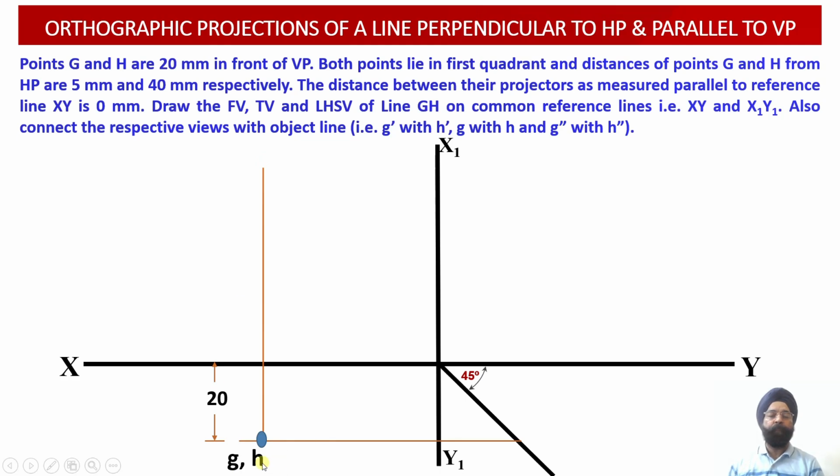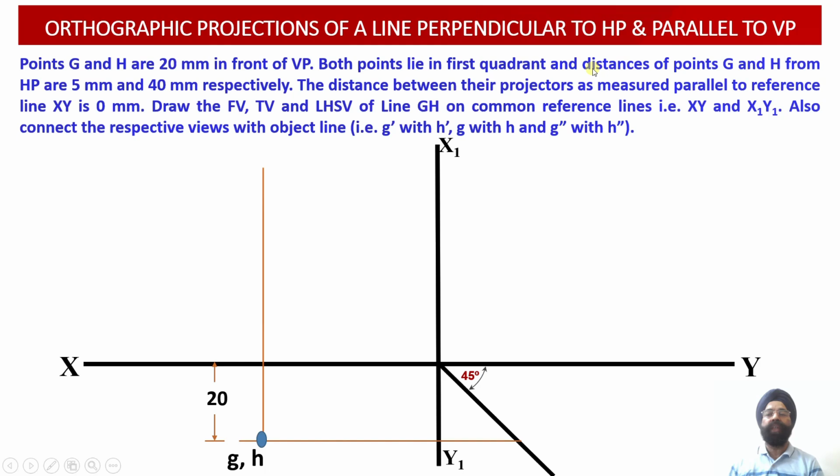Similarly, where point H has been located, on the same vertical projector line the front view projection corresponding to the point H, that is H dash, will also be located. We know that both of these points lie in the first quadrant, so the front views will be drawn above the XY reference line, and the top views we have drawn below the XY reference line.